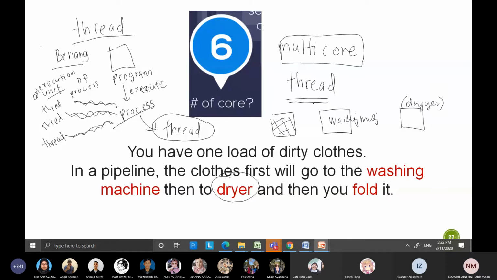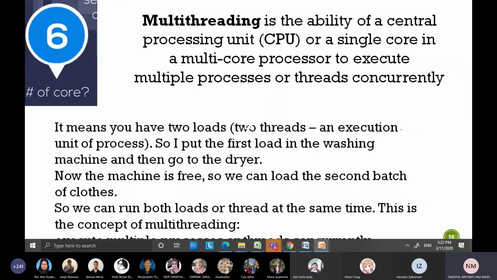What happens is you put it in the washing machine, finish, then you put it in the dryer. So this we call a pipeline. Satu aliran, pipeline. So it's a sequence of processes here, washing machine and then dryer. So I proceed.